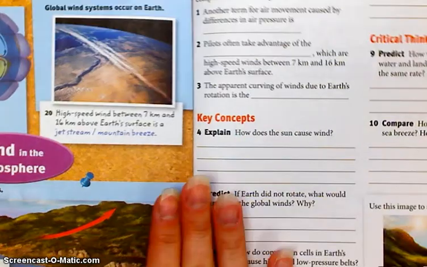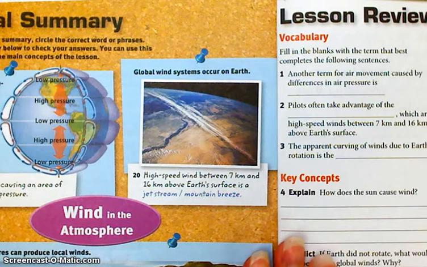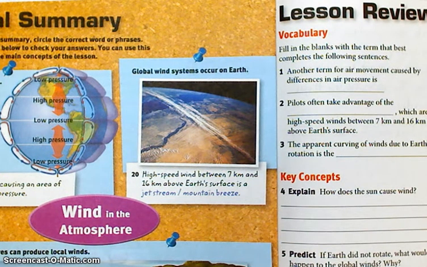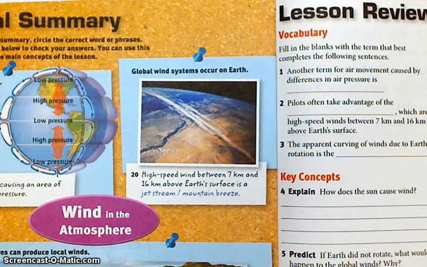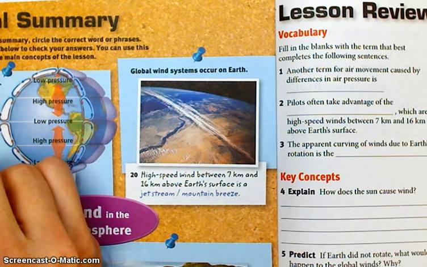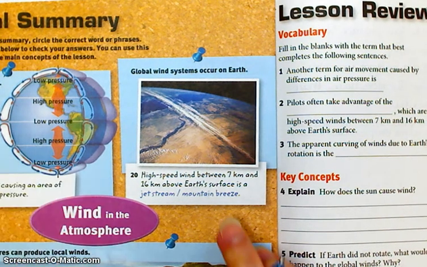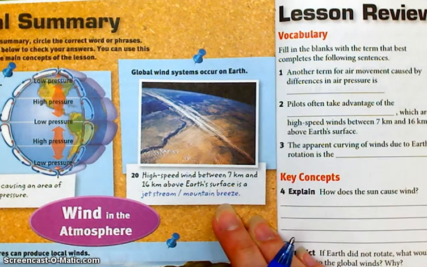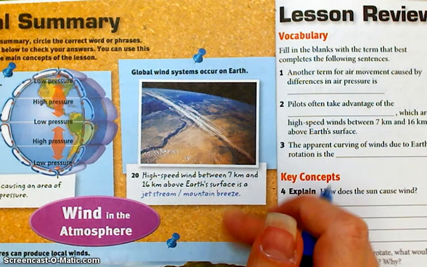So going over here, wind is the movement of air from areas of higher pressure to areas of lower pressure. Cool air sinks, and if cool air sinks, it causes higher pressure. High-speed wind between 7 and 16 kilometers above the Earth's surface.